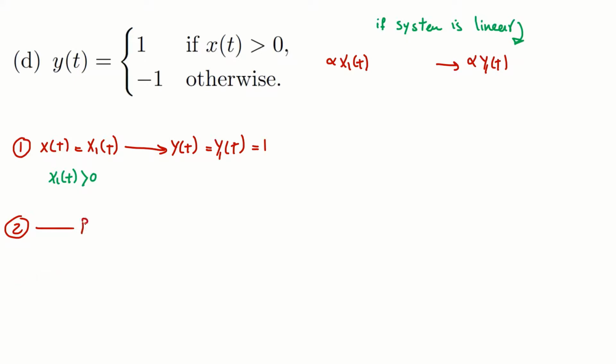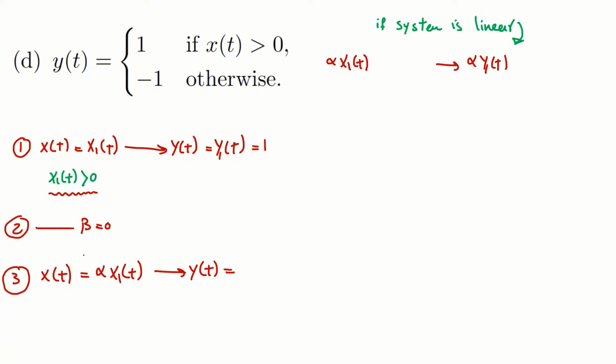We assume simply beta is 0, so we don't need the second step. And in the third step, I assume that the input to the system is alpha x1(t), and then check what is the output.